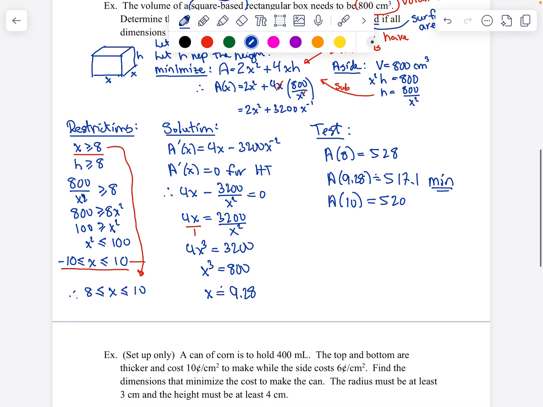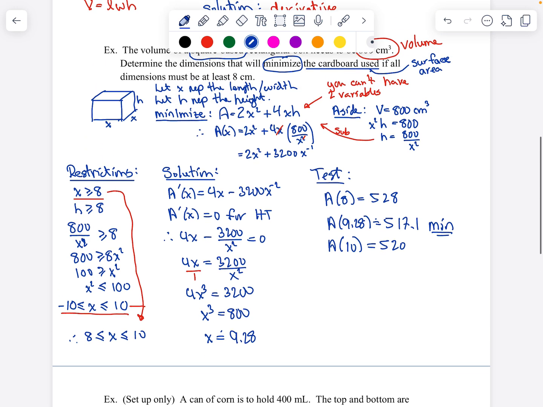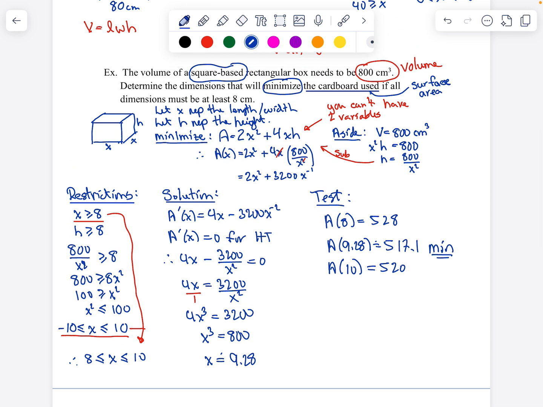Now, at the very end, we need to go back and reread the question and see what it actually asked us for. Keep in mind this question said, determine the dimensions that will give the minimum area. So I'm getting this minimum area when x, remember that's our one dimension, our base dimension, is equal to 9.28.